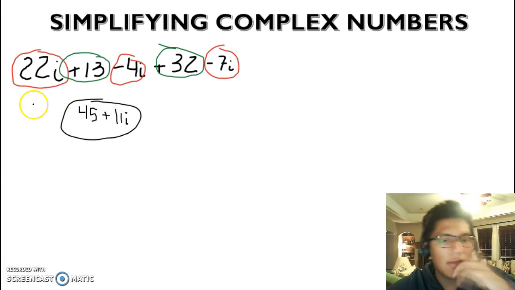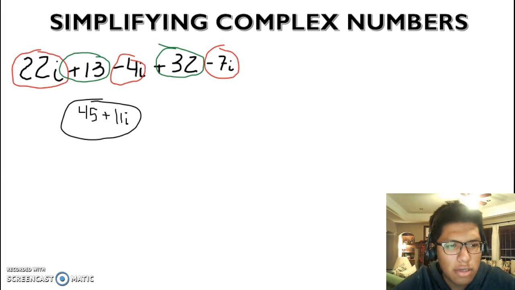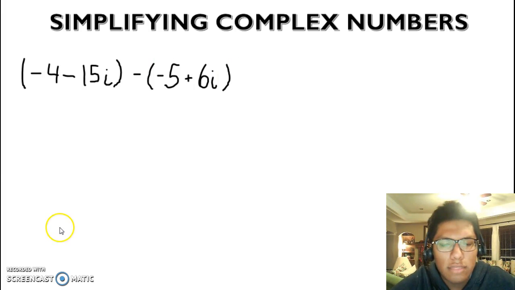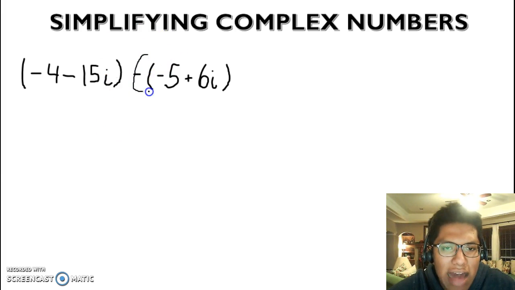So fairly easy. You use subtraction and addition to get the answer. But this one incorporates some multiplication because you have the negative in front of the parentheses, so that's going to change this guy and that guy. It's going to change their signs.